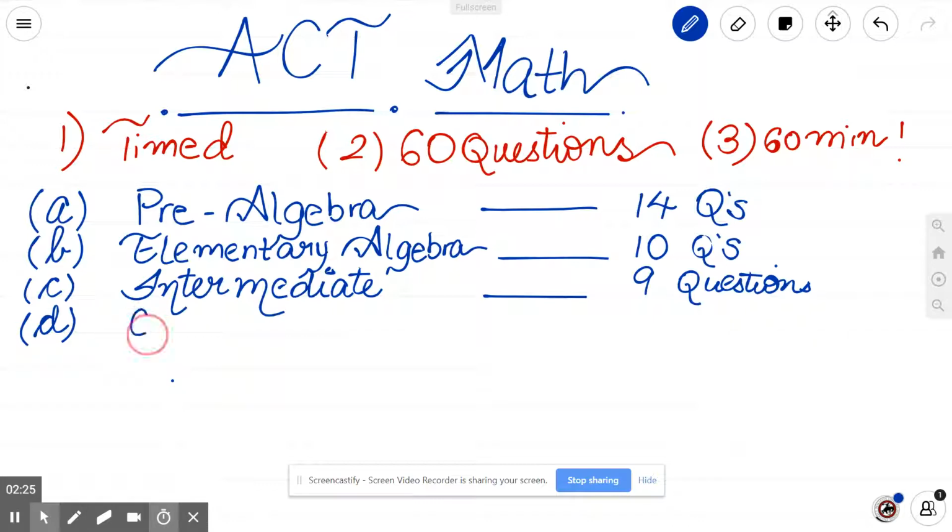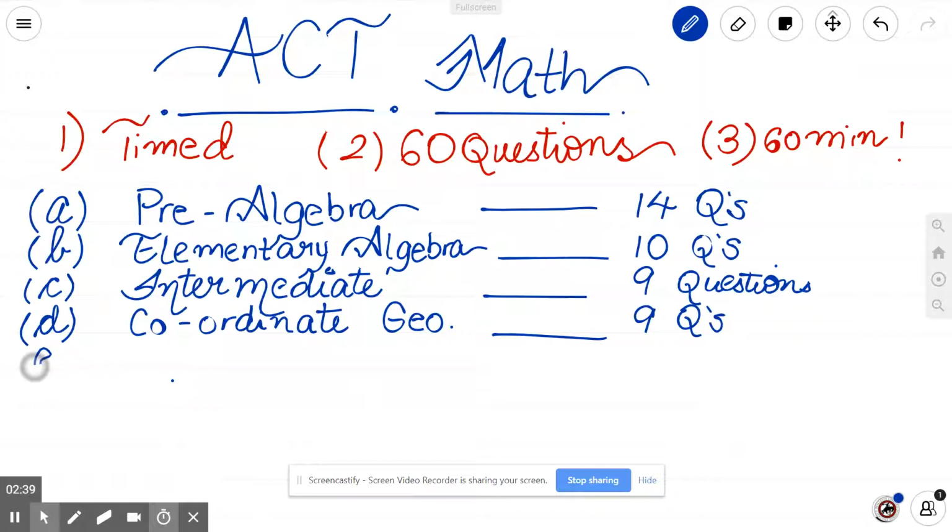Next up is coordinate geometry, and that is also 9 questions. Plane geometry: fourteen questions, just like pre-algebra.